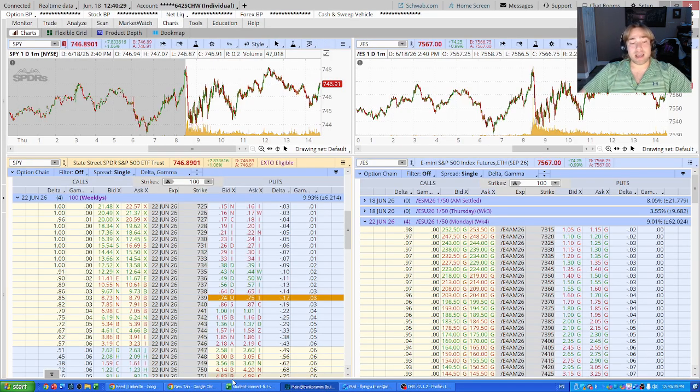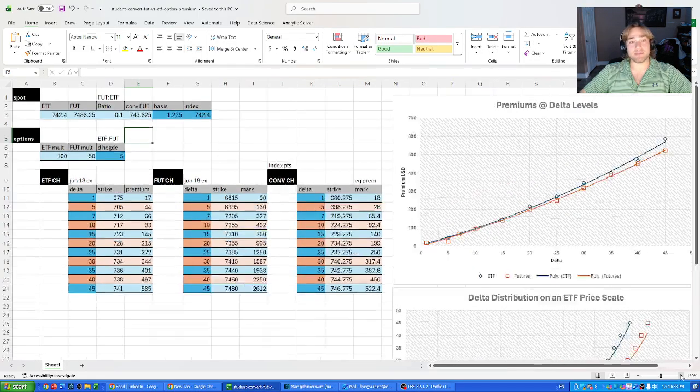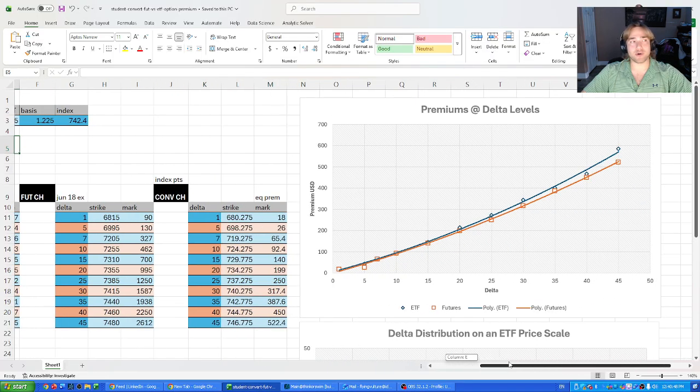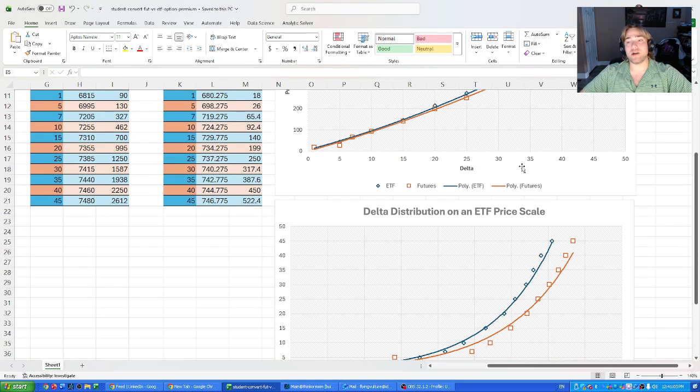In my previous quant finance video, I went over this project right here, and I'm going to bring it back up. This converts options premiums from a future to an ETF. We use an ETF index, and in this example, this is a little before, but the general thesis, because of retail trading, holds true that the SPY ETF options premium is slightly richer, especially as you get closer to the money, than the premium on the E-mini.